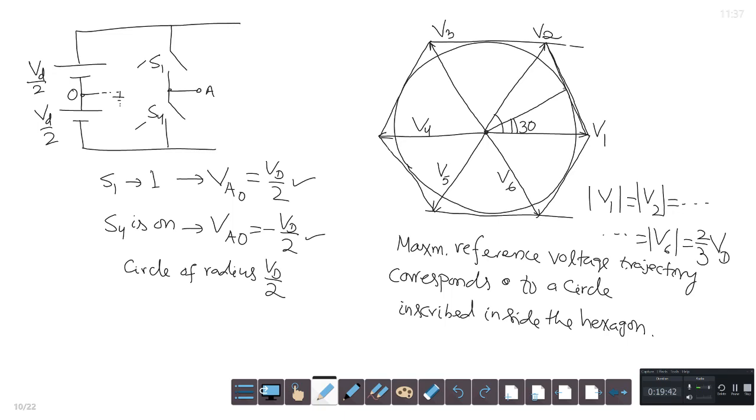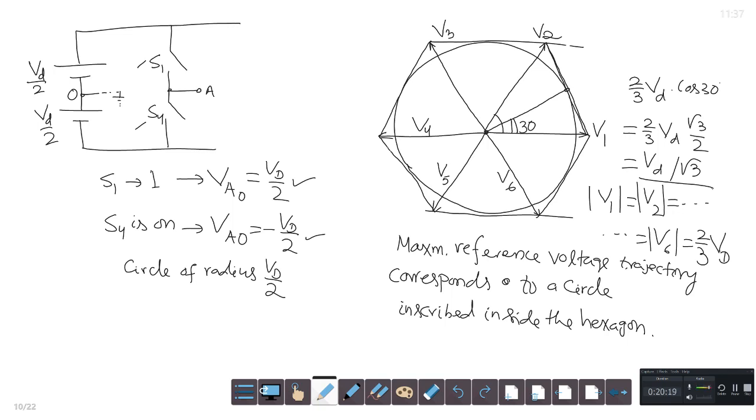You can determine from this, the radius is 2 by 3 Vd, that is the magnitude of each voltage, into cosine of 30 degrees. So, it is 2 by 3 of Vd times cosine 30 degrees, root 3 by 2. So, it is Vd by root 3, and that means the maximum reference voltage possible in space vector PWM corresponding to the circle is Vd by root 3.